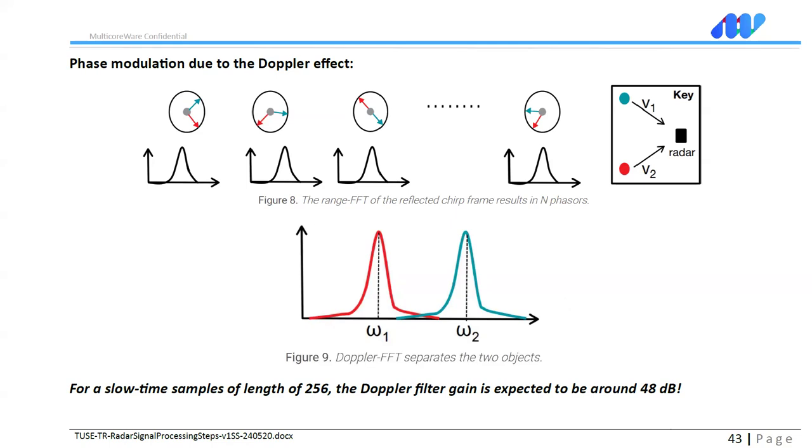For example, for a length of 256, that means if you collect data for 256 pulses, which could be very short term, your pulses are very short, you're going with the speed of light, you're waiting for the next pulse just because the speed of light is not fast enough. You're waiting. Your first pulse, you hit it. You cannot go very fast because you need to wait for the light to return.